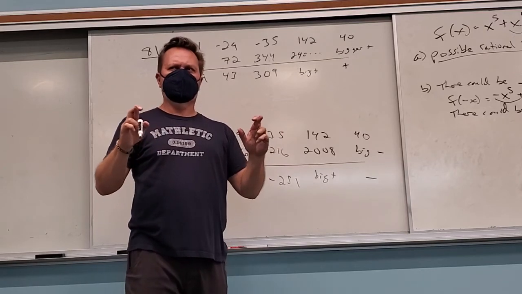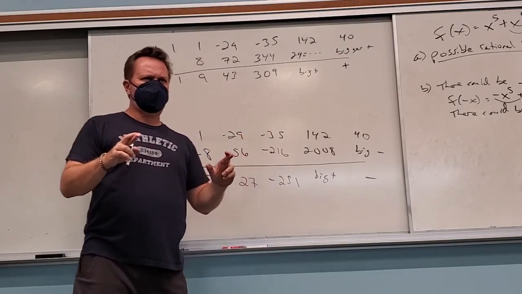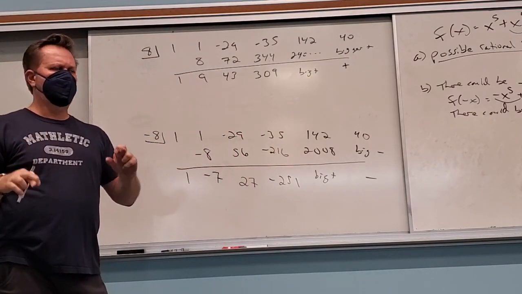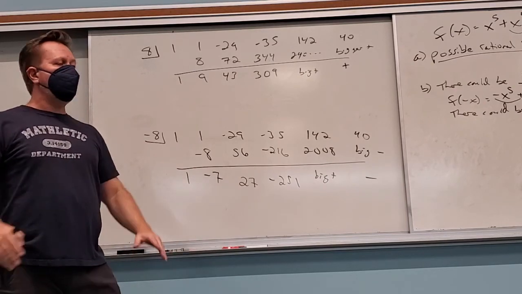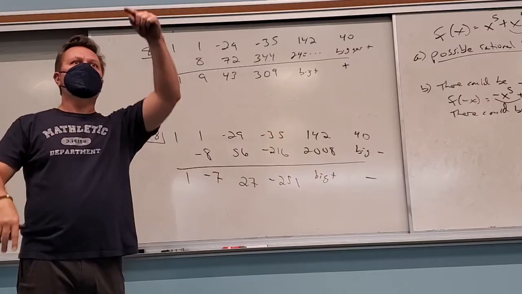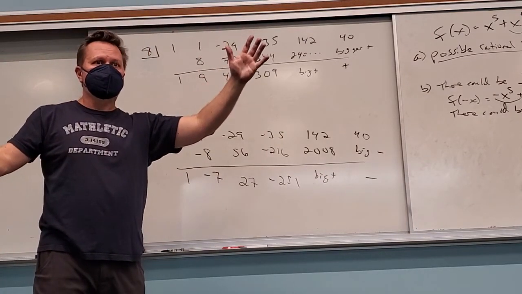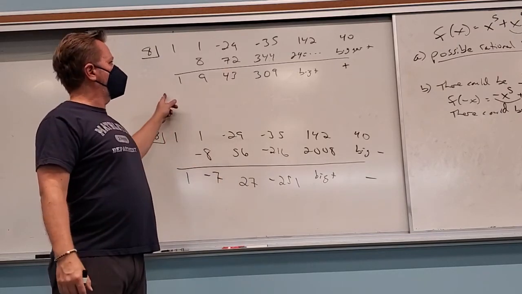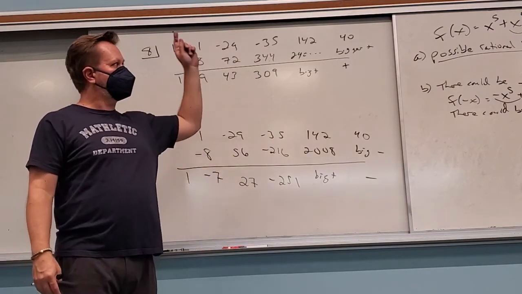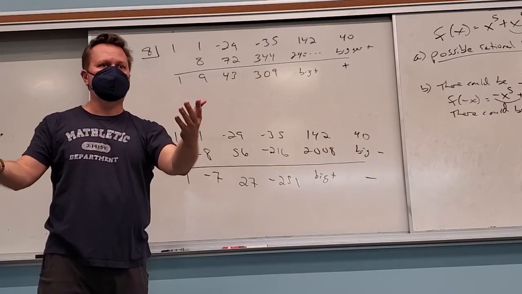Maybe. Should you test another bound? Like, should you test 4? Yeah, you can try to divide by 4. Now, when you start making guesses, it could still be a bound, right? So we can even try 2, and if 2 came out to have nothing but positives, then I can forget about positive 4, positive 5, right?